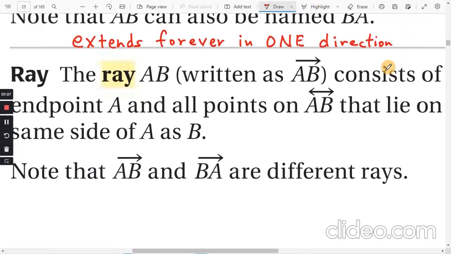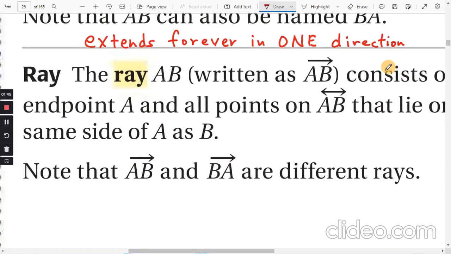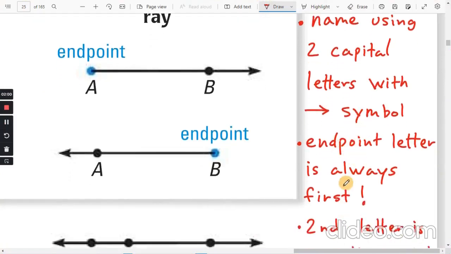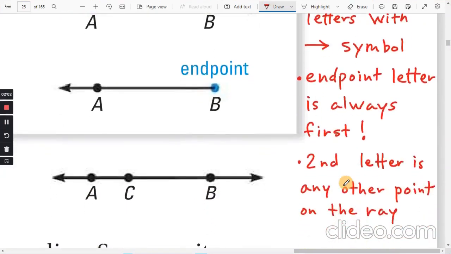Okay, I like to think of the ray example as like a ray of sun. So the sun would be the endpoint, and then the sun ray extends forever in one direction.